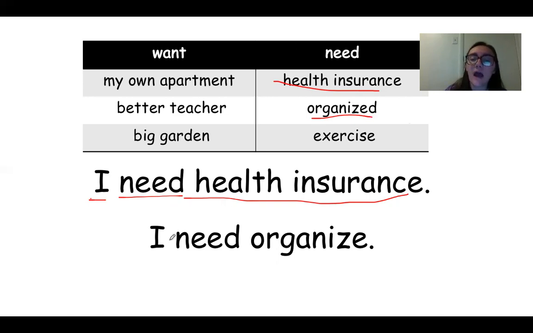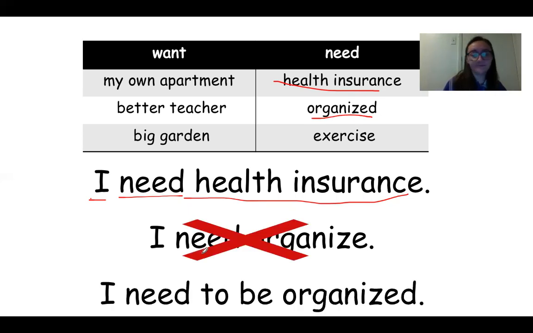Now, if I wrote I need organize, people won't understand what you're saying. I need organize. It kind of sounds like you're trying to say that you as a person want to be organized, but it doesn't really work. People won't really understand.